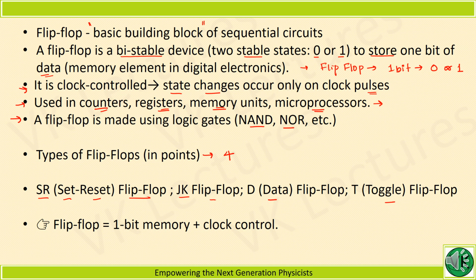Now what does it actually do? The flip-flop stores one bit of memory, and that bit of memory can be changed using clock control. A pulse from the clock will move to the flip-flop, and then the memory will change, or revert back to 1 or 0.